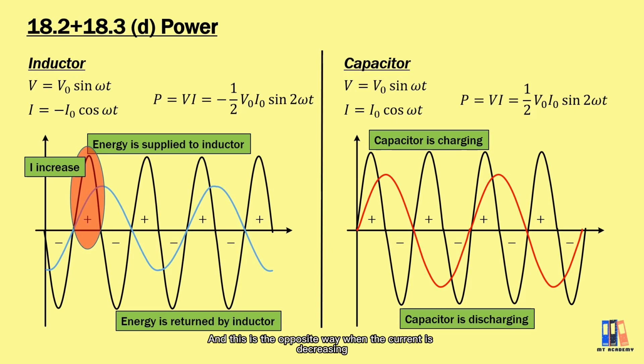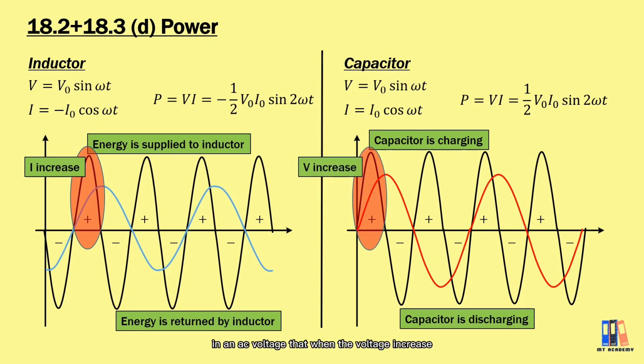And this is the opposite way when the current is decreasing, that the inductor will supply the energy back to prevent the decay in the current. And as for the capacitor, we have learned that the capacitor is charging when we turn on the switch in the DC circuit. And the scenario is quite similar in an AC voltage, that when the voltage increases, the capacitor is charging and vice versa. So we can see the similarity between the inductor and the capacitor.